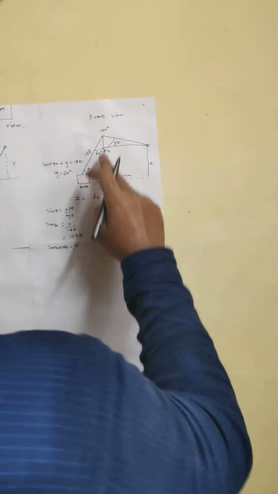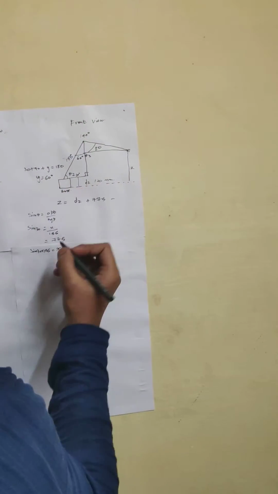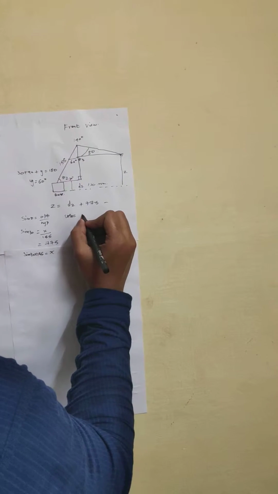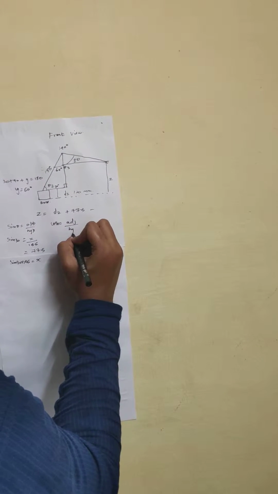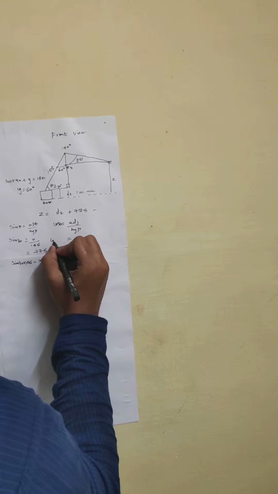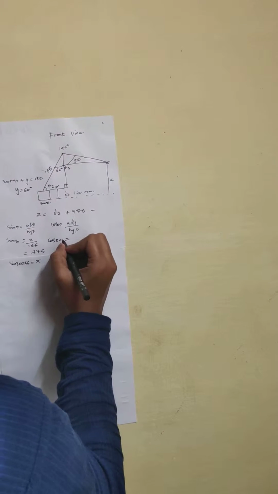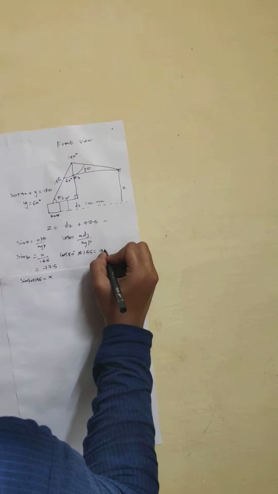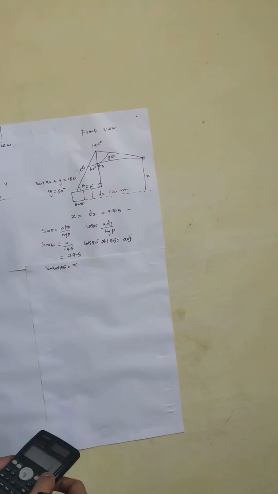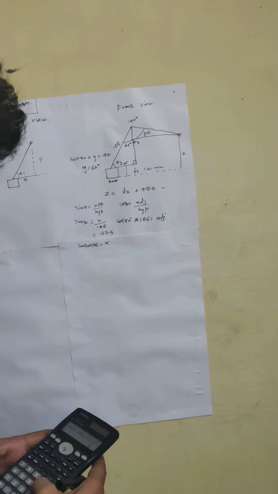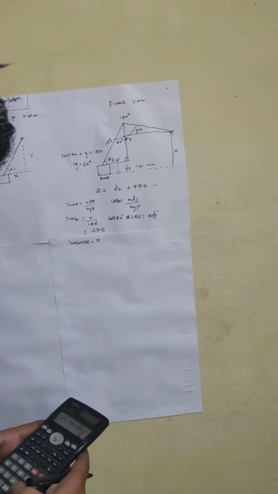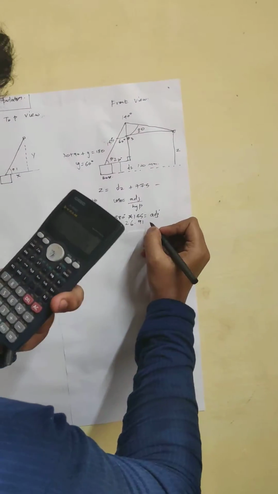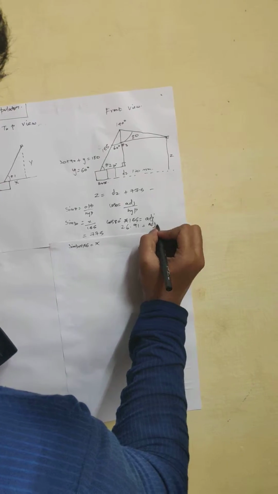We need this. Okay, so we will go cos theta equals adjacent by hypotenuse, which is cos 80 into 155 equals adjacent, which is 26.91.